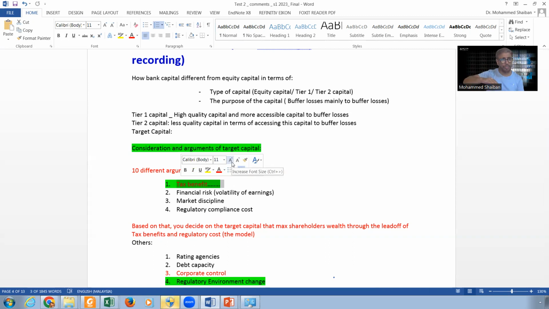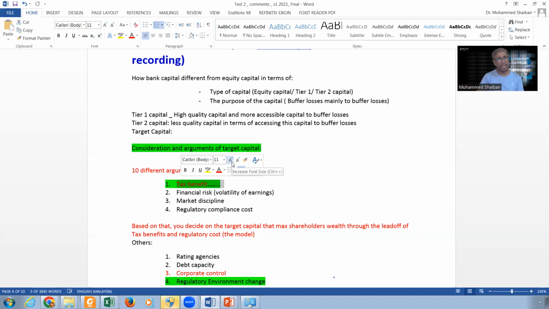When you start to take more and more debt, that means you have less and less capital. Regulators will not be happy about that, and they will start to penalize you. So as long as the tax benefit is more than the regulator's penalty, you continue.